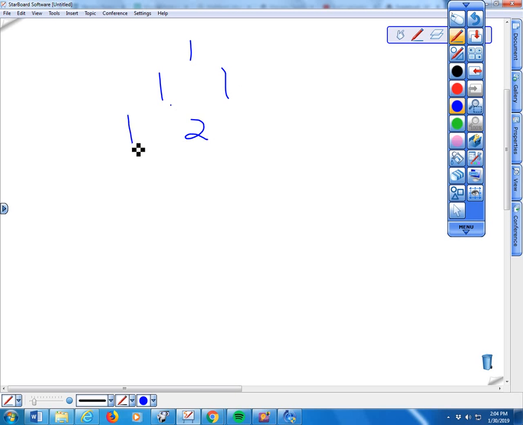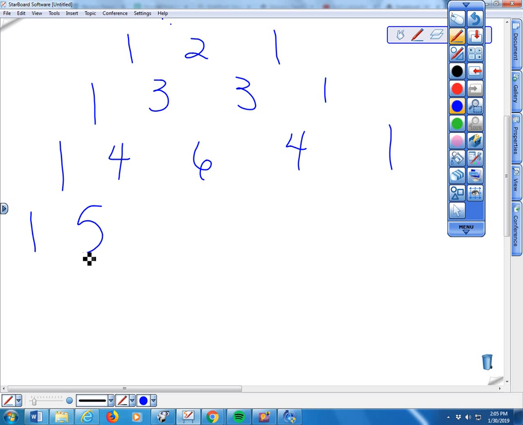So my outside is 1, I add these two together, I add these two together, and my outside is 1. Next row is 1, I add these two together, and I'm starting to build this triangle. 1, 5, 10, 10, 5, 1. And it goes on forever.